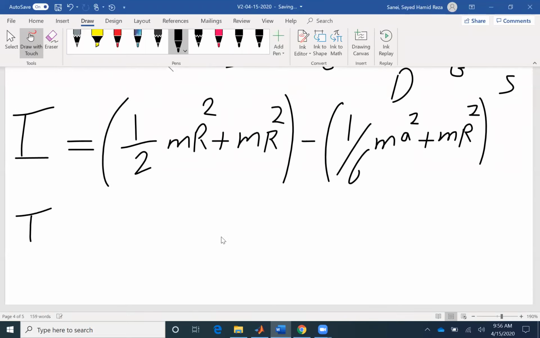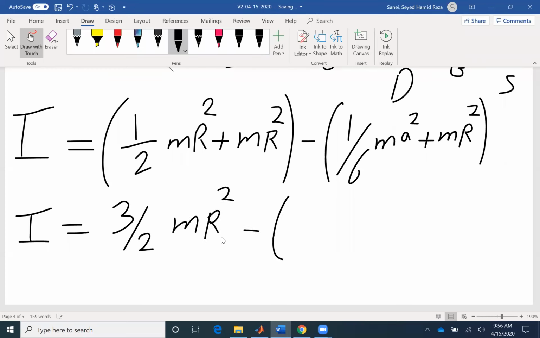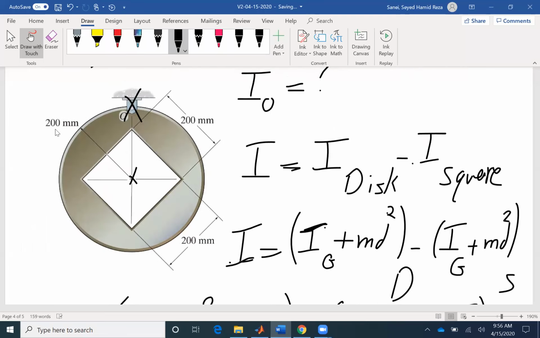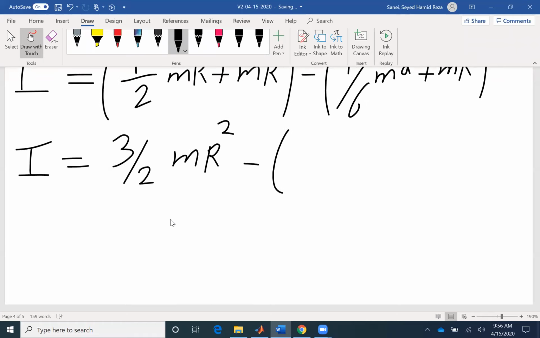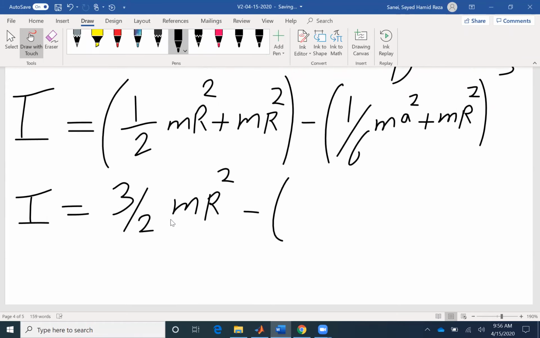Now if I simplify it, that would be 3/2 m r squared minus, and a and r are the same thing. In this problem, you can see the radius is 200 millimeter, and a is also 200 millimeter, so it simplifies the problem. So a and r are the same thing, so I could write 7/6 m r squared.